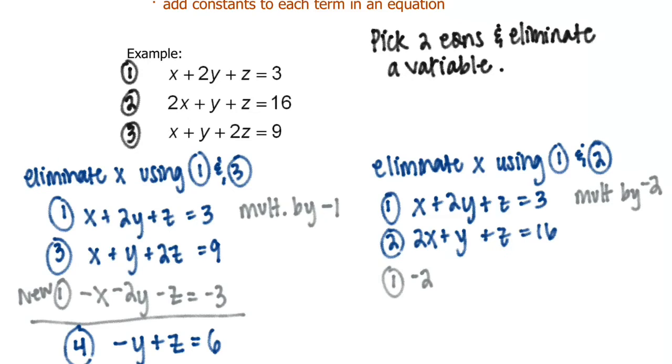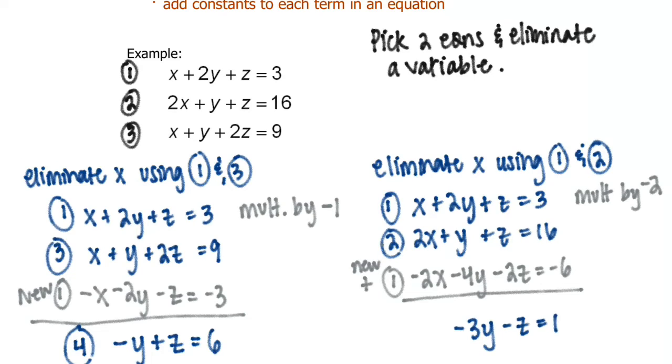So that's going to give me -2x minus 4y minus 2z equals -6. And now we will add equation 2 and the new equation 1, right? The new equation 1. And that gives us -3y minus z equals 10. And that I'm going to call equation 5.